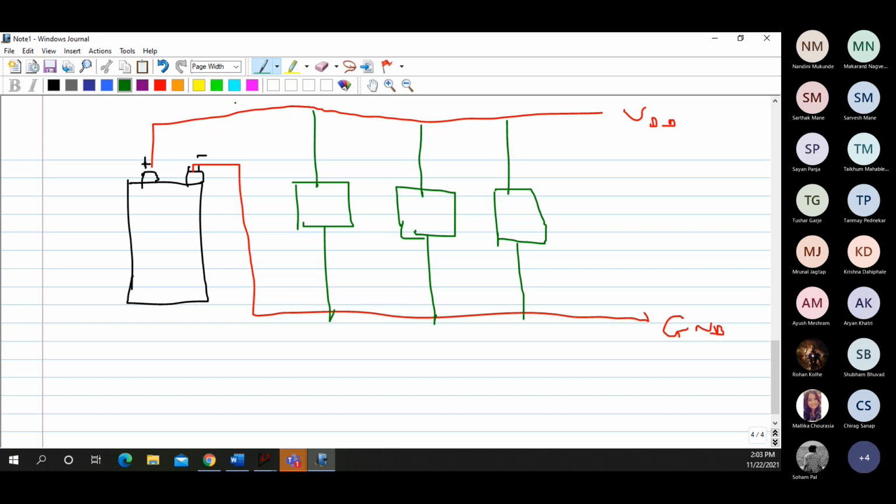So what happens is, generally the wires are modeled as resistances, but actually inside an IC, these wires can also offer inductance. Because these wires are very small, they are in microns.